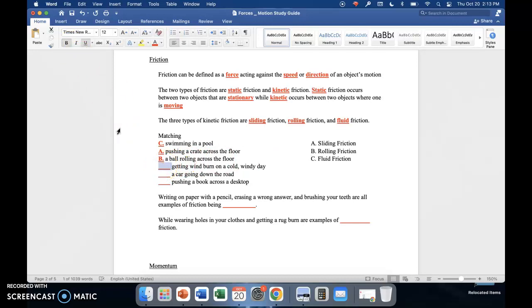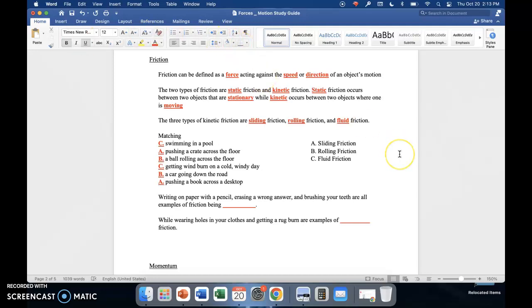Okay, and that air is a fluid, so we have fluid friction. Okay, a car going down the road, the car is on wheels. As it goes down the road, since it is on wheels and tires, this is going to be a form of rolling friction. And finally, I mentioned this earlier, pushing a book across your desktop or pushing your computer across the desktop, it would slide across the desktop. So those are all examples of the three different types of friction that we had talked about earlier.